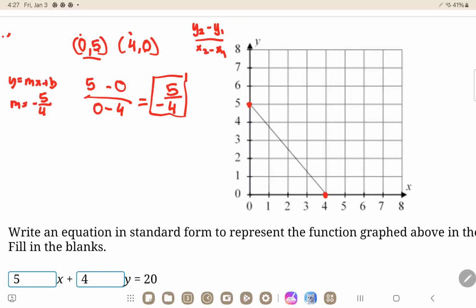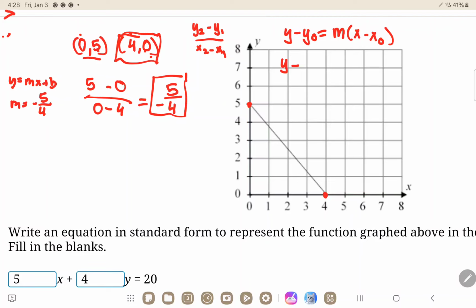Now to find b, we need to use the point slope formula. So it's y minus y0 equals m into x minus x0. What this means is you choose any one of your set of 2 points. I'm gonna choose this one since it's easier for me to work with. So y minus y0, which is 0 here, because we chose this set of points to use.